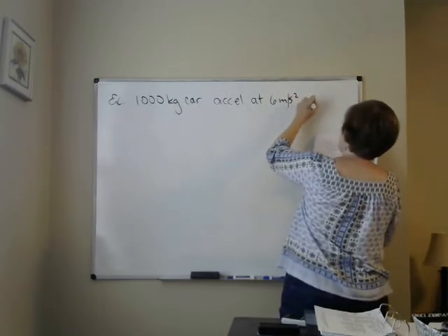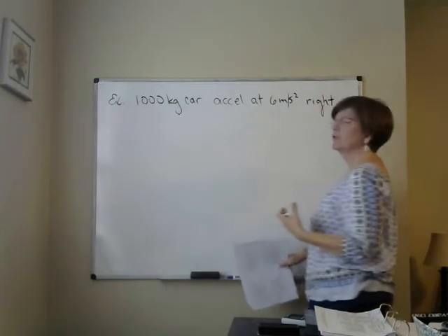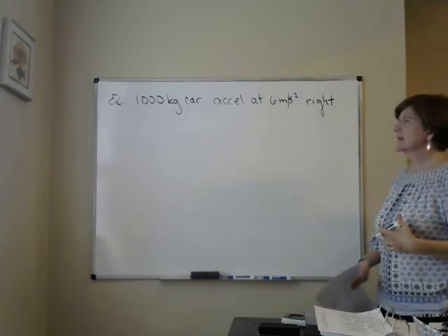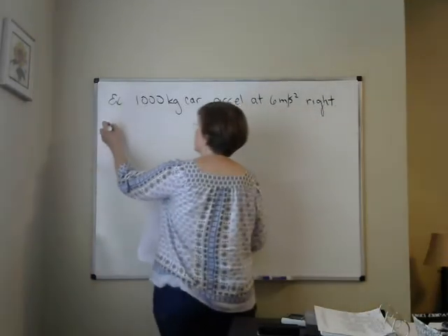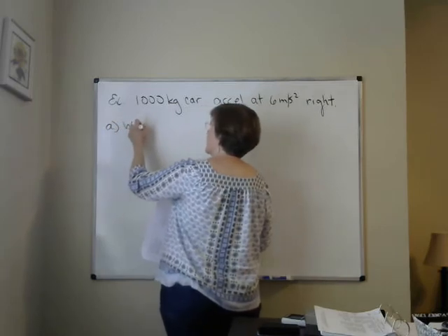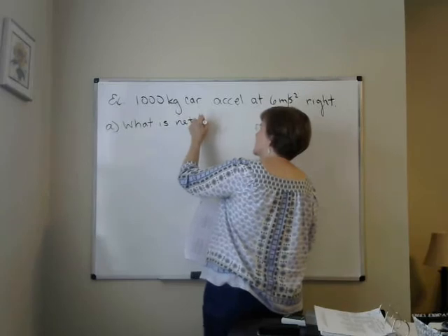It happens to be to the right. I'm going to give you the direction also because I know accelerations should have a direction. So the first question says, what is the net force?